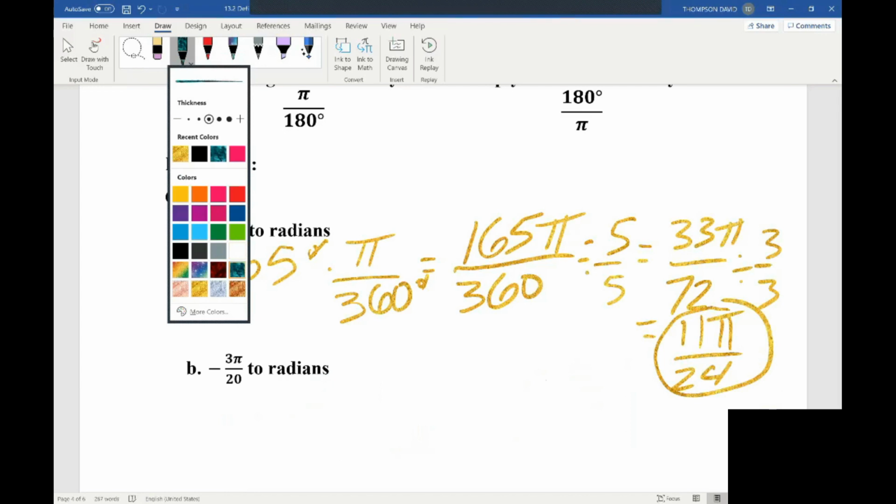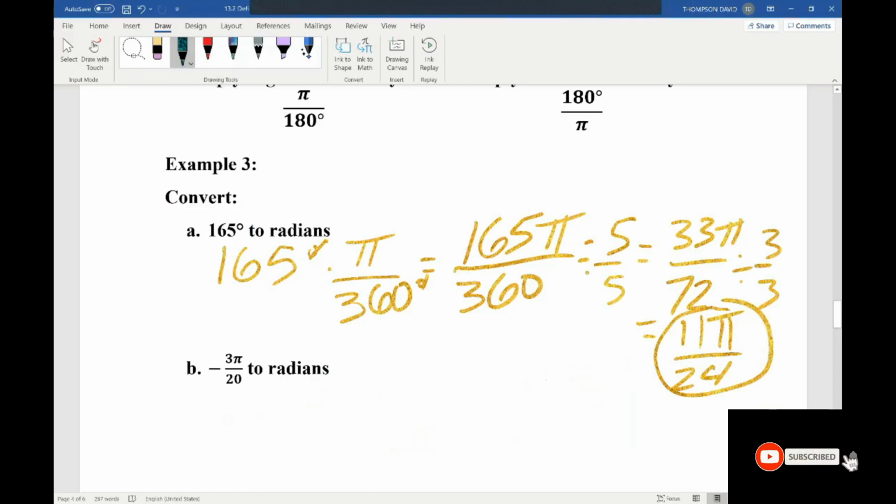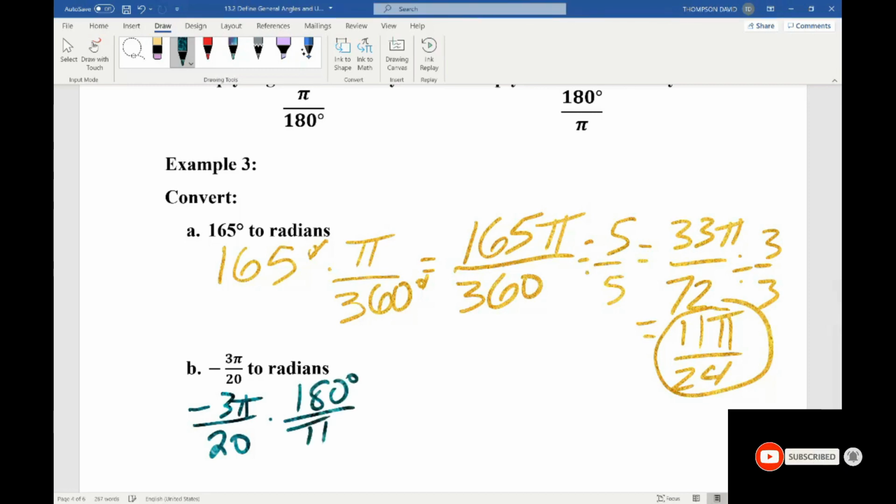This time we're converting negative 3 pi over 20 to degrees. So we're going to do negative 3 pi over 20 times 180 degrees over pi. Our pi's are going to cancel out.